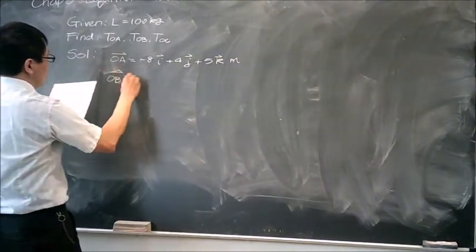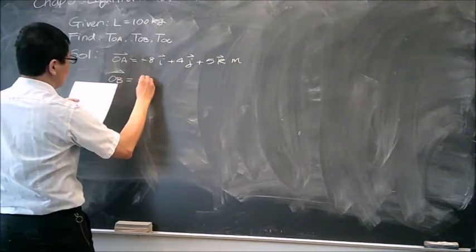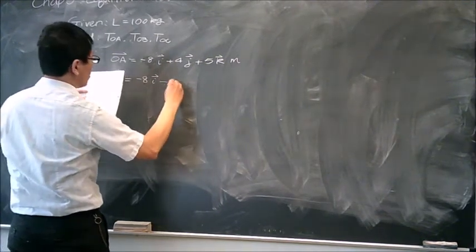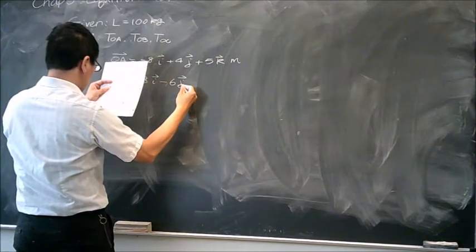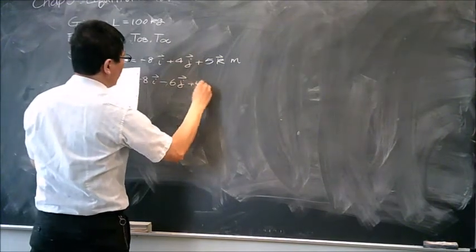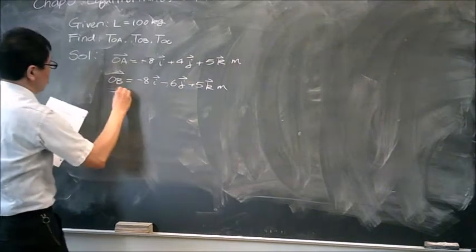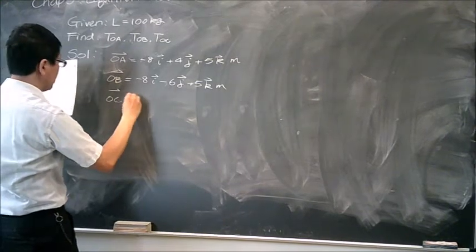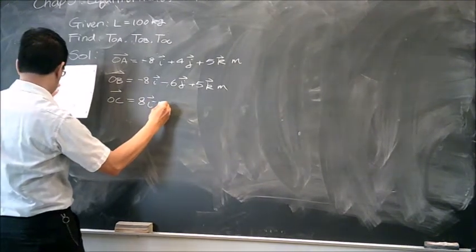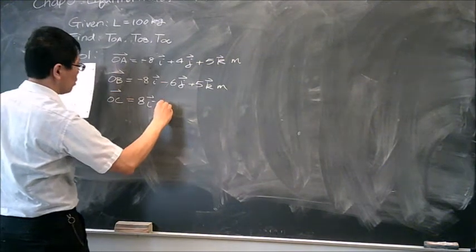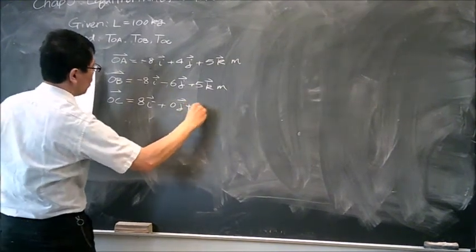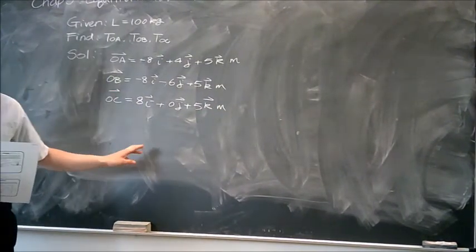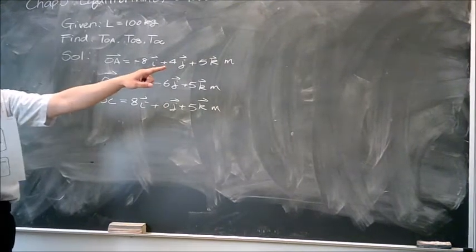For OB, we're going to have negative 8i negative 6j plus 5k meter. OC is going to be 8i plus 0j plus 5k meter. Okay? Those are the three position vectors in our system.